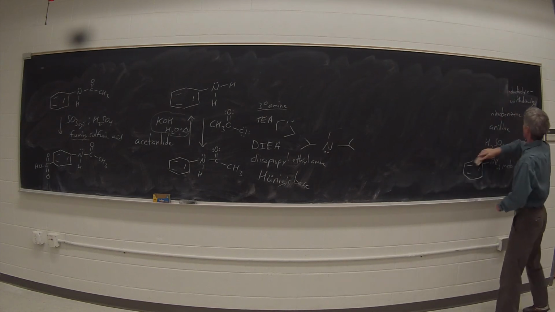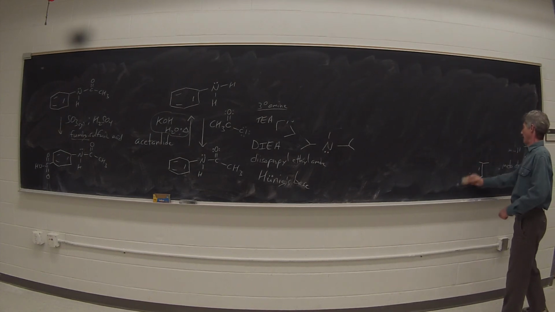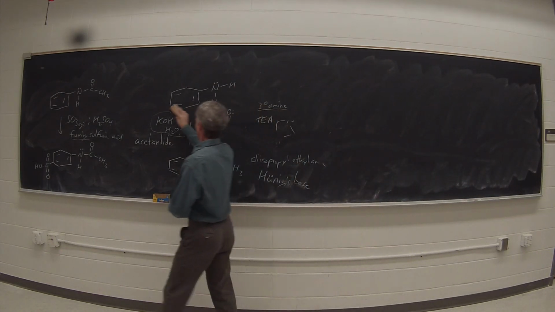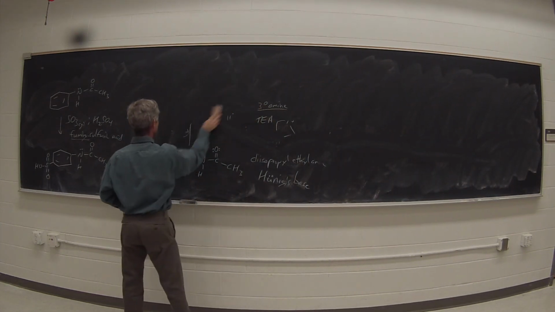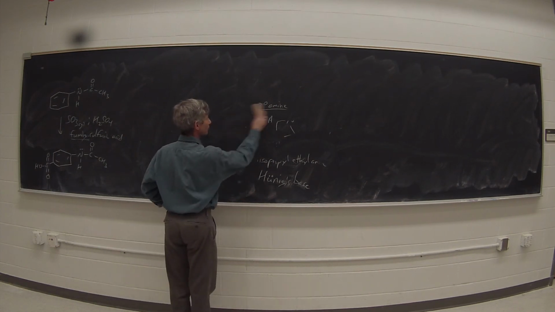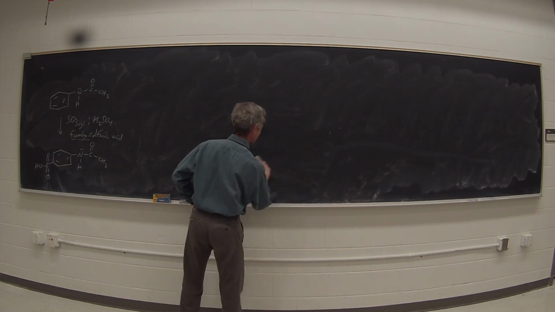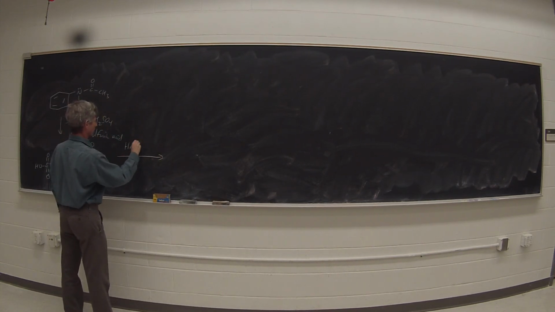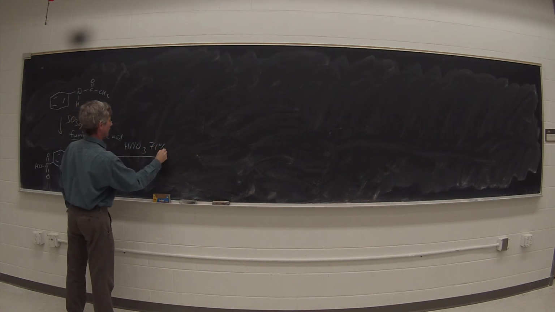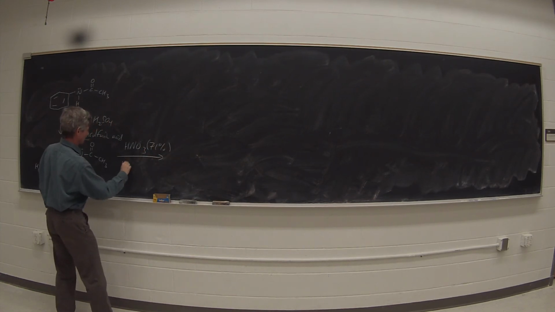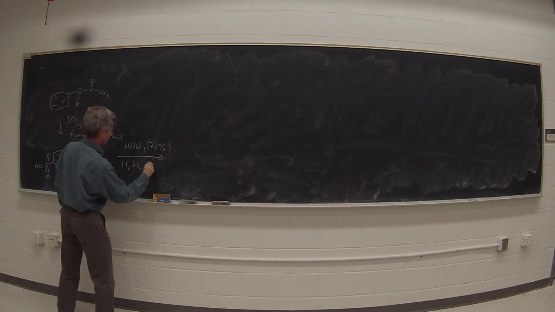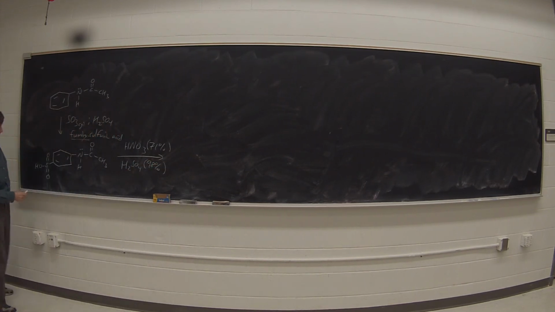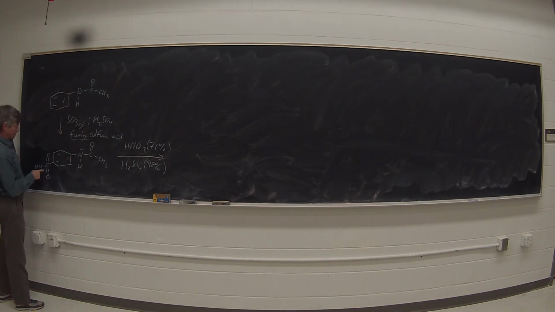The next step is going to be to put another nitro group in, but now the nitro group will go where we want it to. It'll go in that ortho position. There are 2 ortho positions. It's a symmetrical molecule, so they're equivalent. So we can simply continue this synthesis by doing another nitration, 71% nitric acid, 98% sulfuric acid. We actually have both an ortho-para director and a meta director.